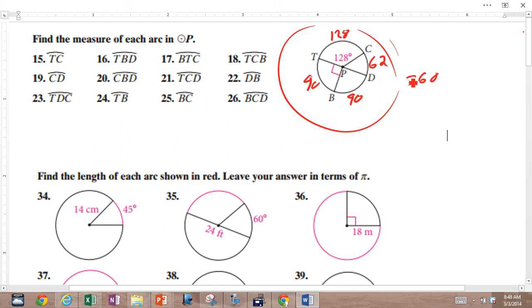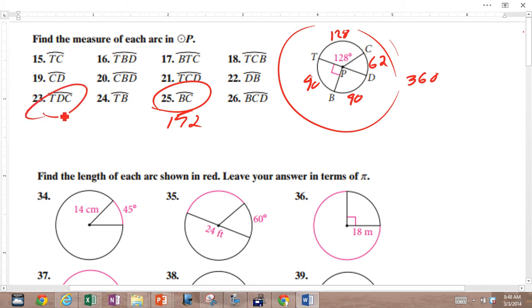Any of these is just looking for a particular arc, like arc BC. Arc BC is the minor arc running from B through D to C, which is 90 and 62 for 152, utilizing the arc addition postulate. And the rest of those arcs are found in the same way.